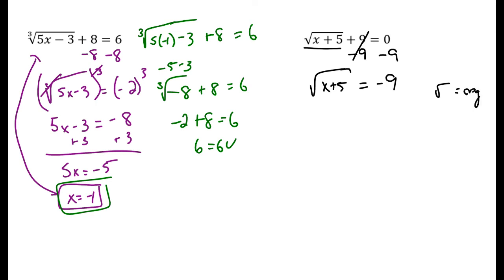Square roots never equal negative numbers. If I input any number into a square root, it is never going to output a negative number. So at this point, because I'm working with square roots, I know there are no solutions to this equation because I have a square root set equal to a negative number.